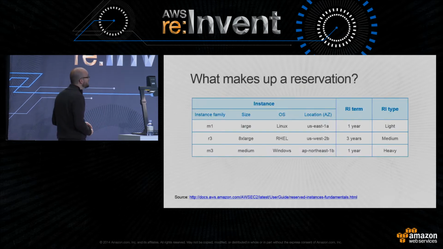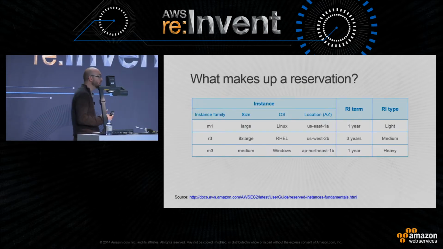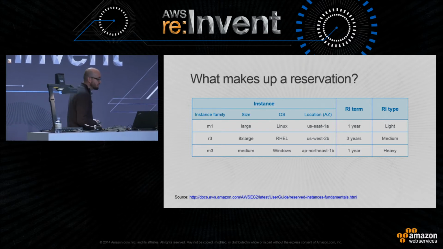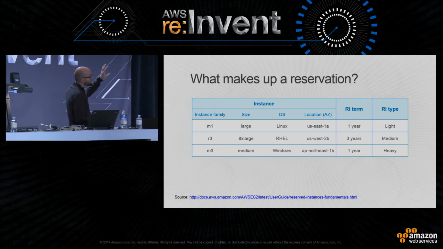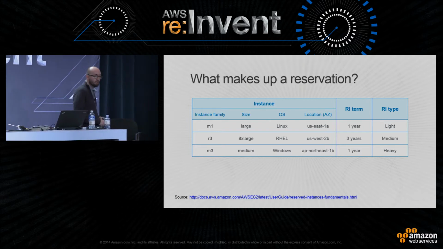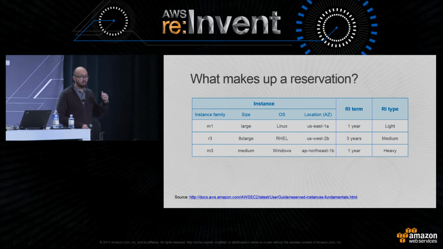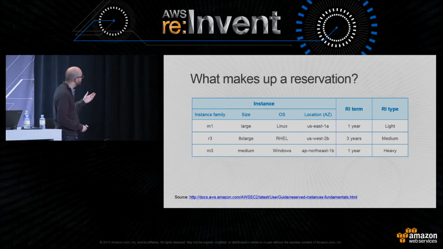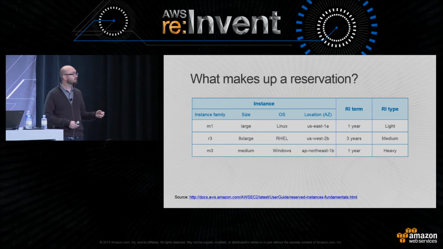The final piece here that I want to talk about is what makes up a reservation. And there's kind of three components here. There's the instance itself, and this is the instance family, M1, R3, M3. There's the size within that instance family, small, medium, large, etc. The OS, and then the AZ, the location, the availability zone, like US East 1A.